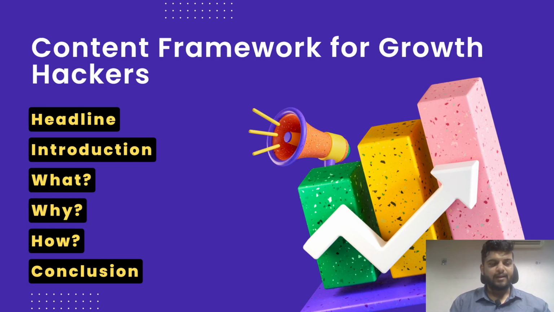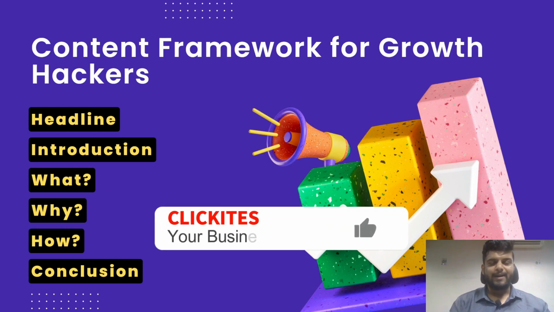At last, it's the conclusion, that whatever topic you have chosen or whatever you are trying to tell people, whether it is good or bad, should be reduced or increased, anything that you are trying to explain to people, should be concluded. It can be a positive response or a negative response depending upon your content. So it can be both things.